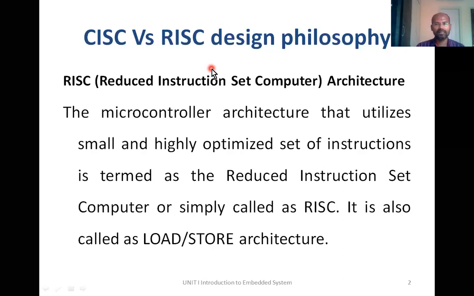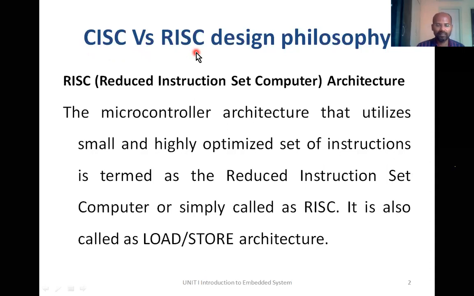CISC stands for complex instruction set computer and RISC stands for reduced instruction set computer. These are the two main architectures that exist for designing processors. In other words, almost any processor will fall into one of these categories, CISC versus RISC.